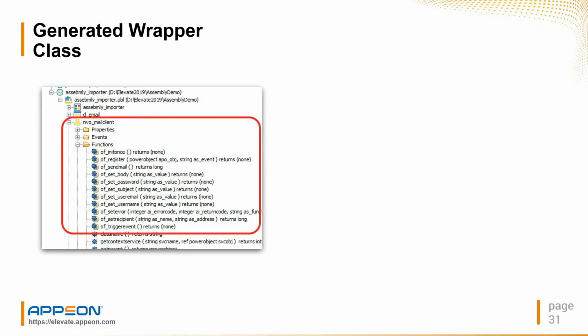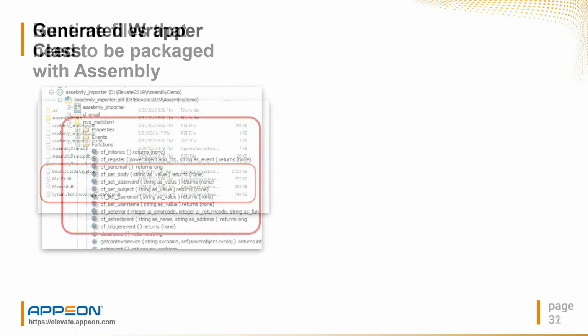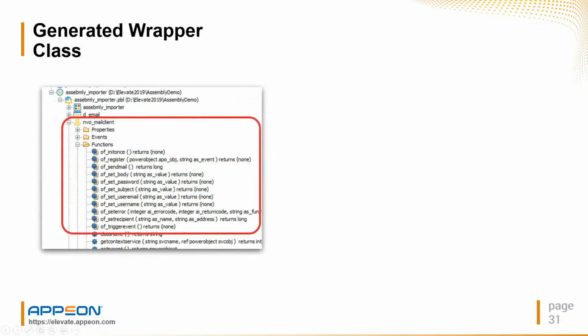Also, the options were set to put OF underscore in the methods. So there are two main methods here. Some of these are generated for every object, but the ones that are specific to this assembly are set recipient, which I could use to pass in the simple data types, and send mail.